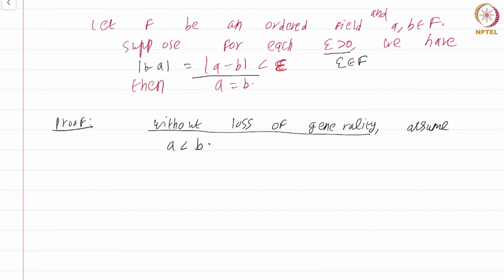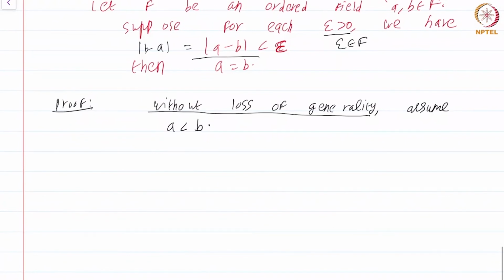Okay, so how does this go? Well, I want to show that this leads to a contradiction. The fact that is given to me is that mod a minus b can be made less than epsilon no matter what epsilon that is. So I have to choose a special epsilon. I choose epsilon to be b minus a by 2. Now this is a positive quantity simply because a is less than b.